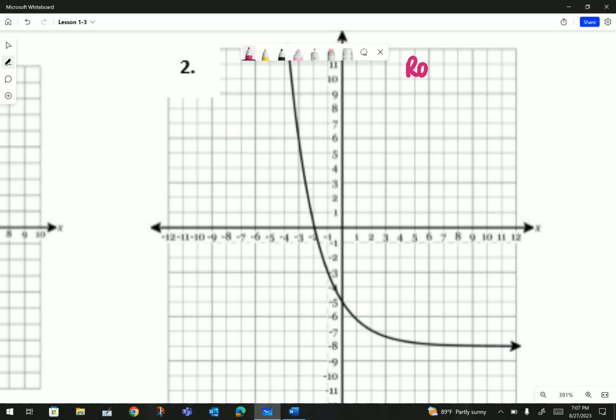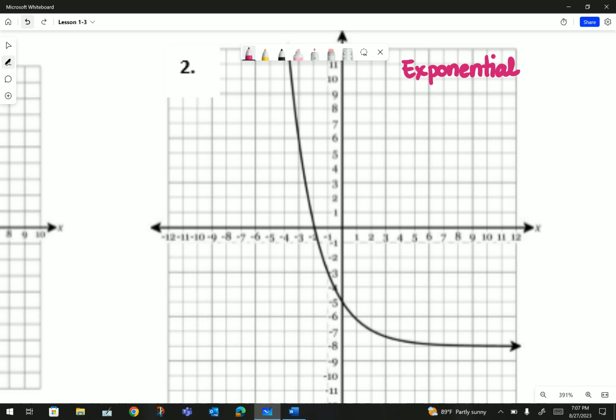This one right here is not a rational, my apologies, it is an exponential function. Okay, so this is a pretty common function that you guys are quickly able to recognize because of your working with exponential growth and decay. So this is something you guys get very, very accustomed to working with.